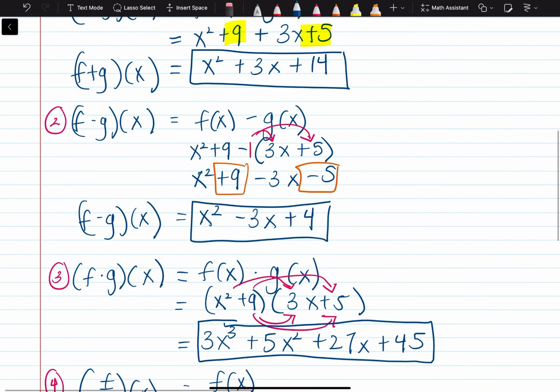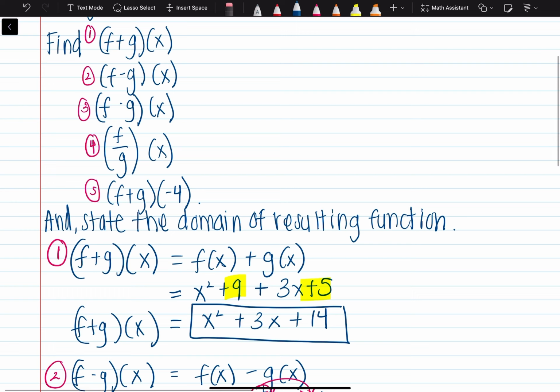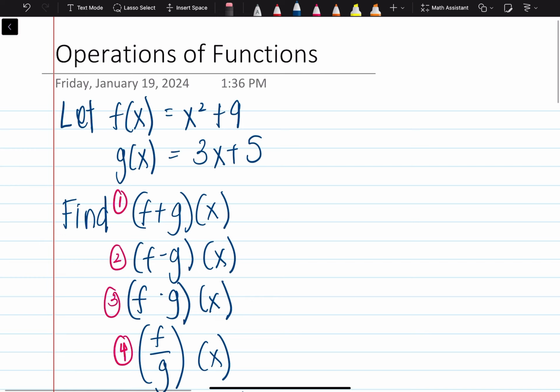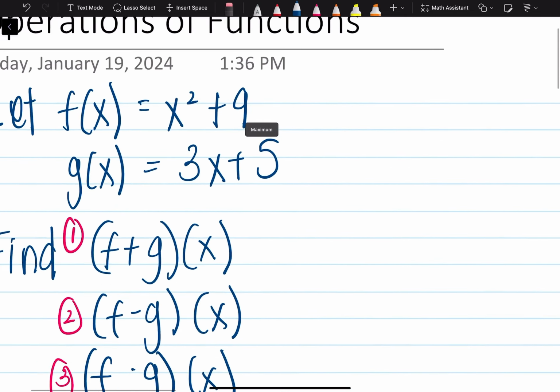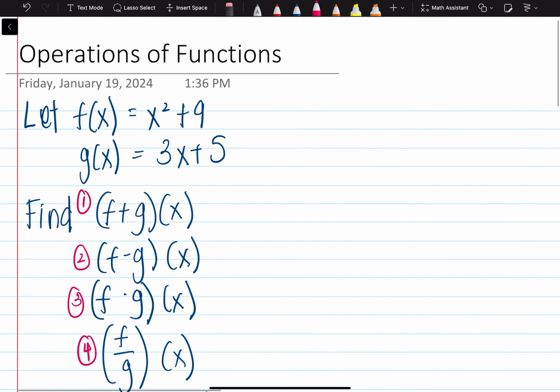The reason I forgot to do that for 1 through 3 is that to consider the domain of a sum function or a product function, you just take the domain of f and the domain of g, and then restrict any values that need to be restricted, and those will also be restrictions in the new function. But if you look at both of these functions from the start, they both have a domain of all real numbers.